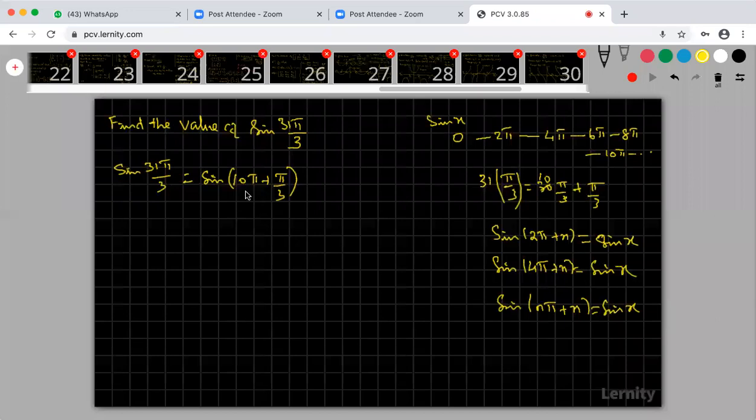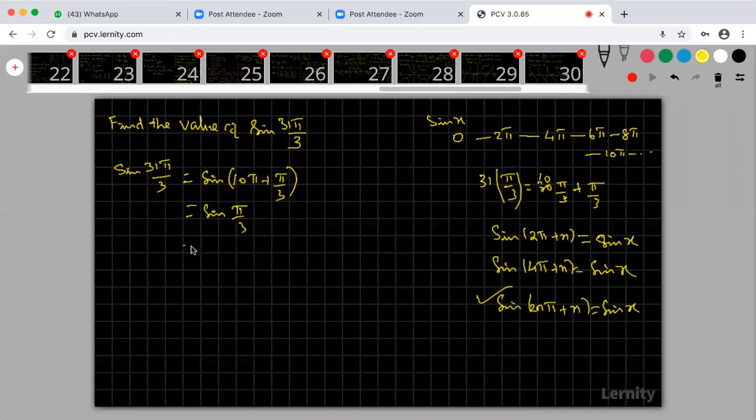Here it is 10 pi, a multiple of 2n pi. So, using this formula, sine of 10 pi plus pi by 3 is sine pi by 3.